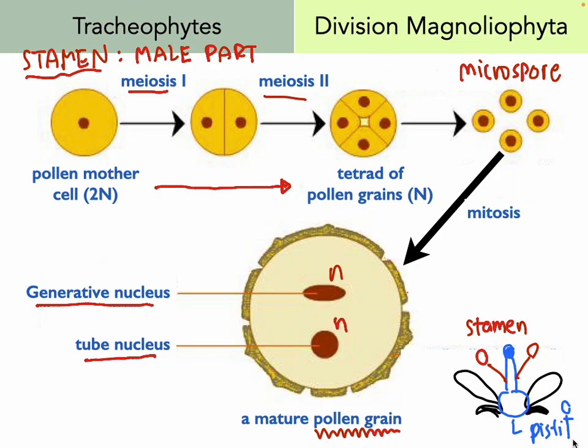And because they have 2 cells, and one of which going to produce sperm, this pollen grain act as male gametophyte. Because one of these will produce sperm a bit later. That is male gametophyte.